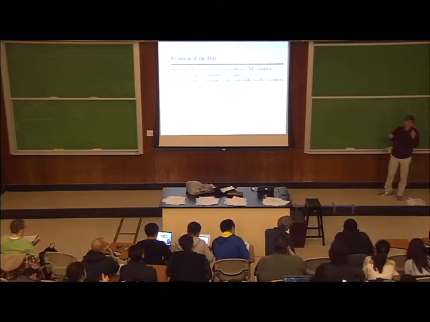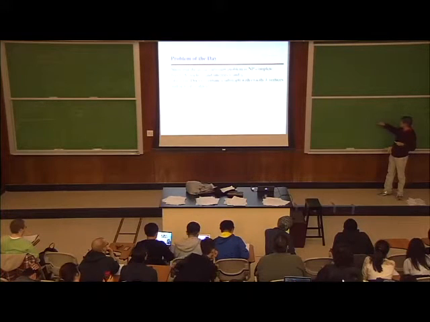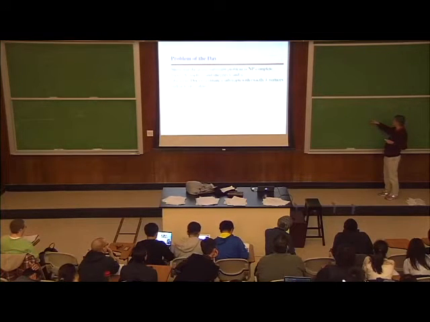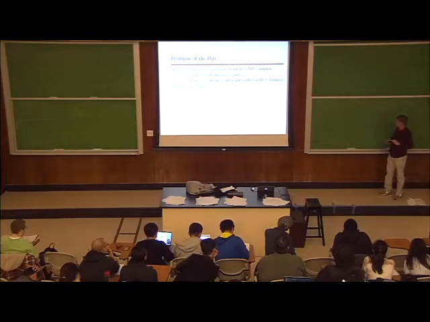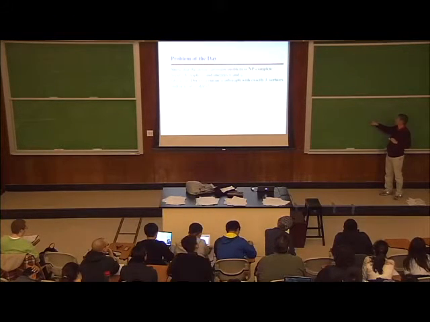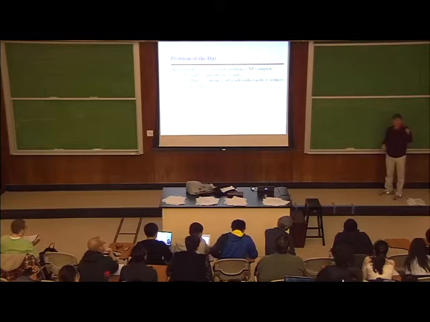And because we'd be counting each edge twice, a clique on K vertices contains exactly K choose 2 edges. Does everybody see that?